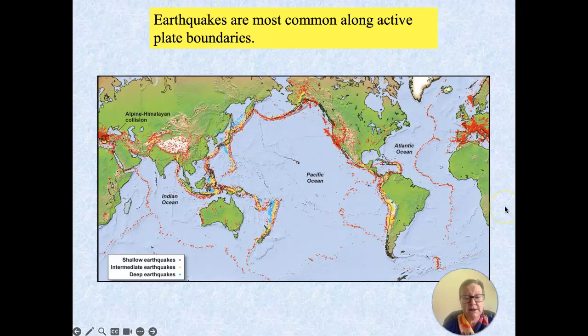If we come back to this diagram, you can see there are deep earthquakes, such as here. We have those yellow and blue earthquakes, those deep ones that tell us where the trench is. So here we have the Pacific plate going under the Indian Australian plate, and we know that because of the change in depth of the earthquakes.